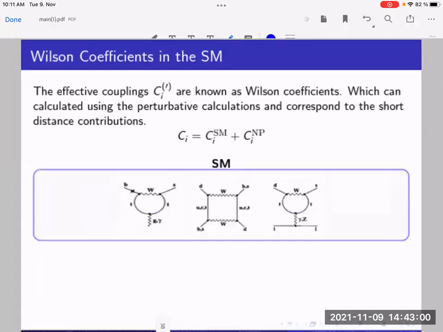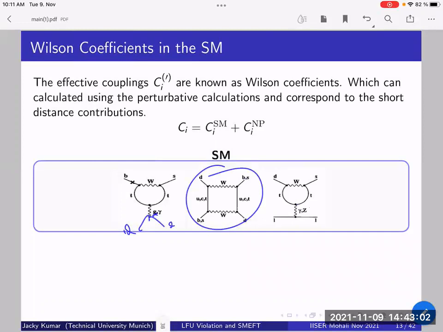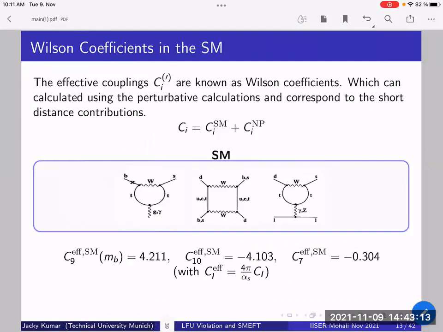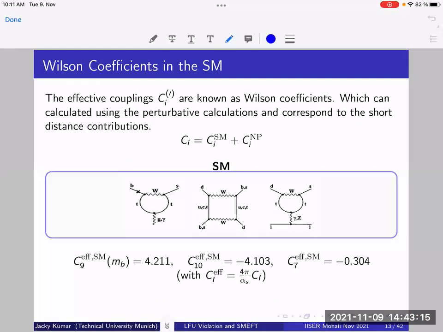If you calculate them, they will give rise to these dimension 6 effective operators, C7, C9, and C10. And this has been calculated. At the B mass scale, these are the standard model values. As you see, C9 and C10 are quite big as compared to C7.